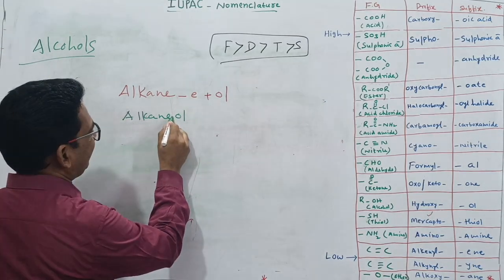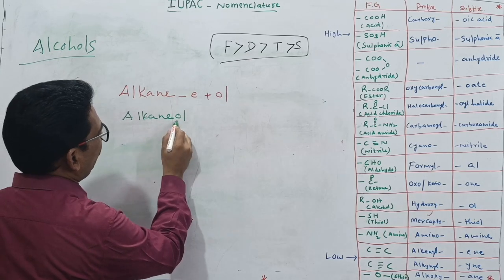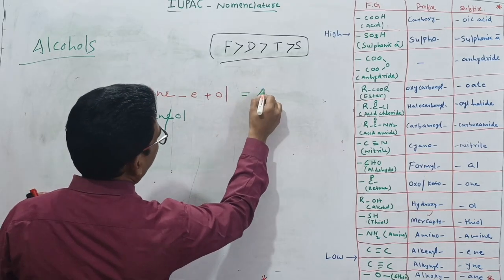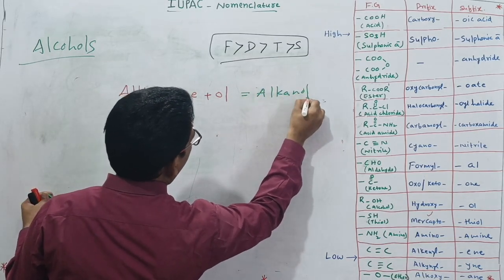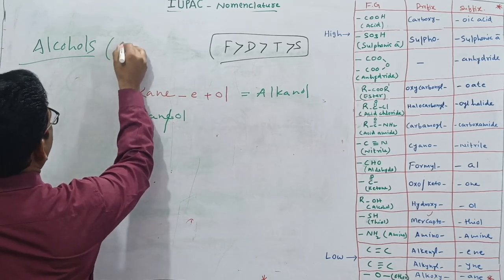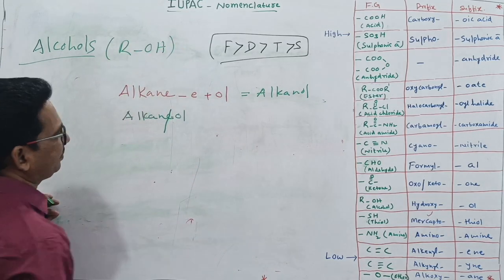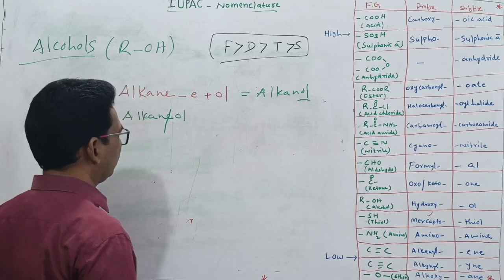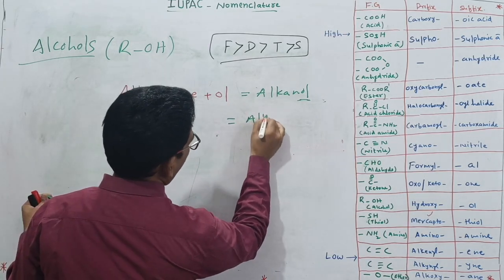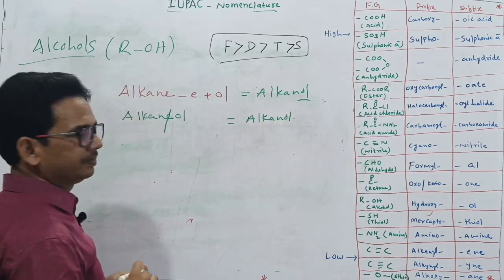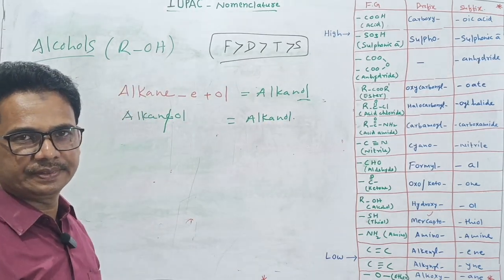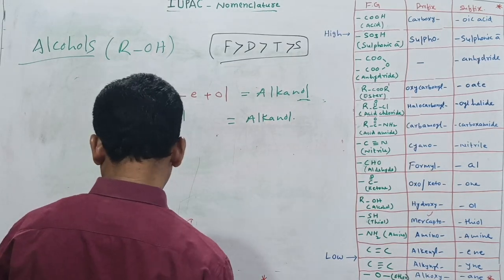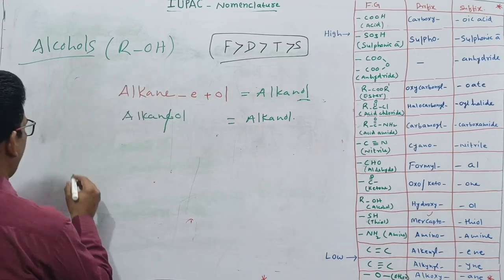Okay, when two vowels come together, in that case you have to cancel the E. Then what do we have to write according to this also? Alcohol. Alcohol means what is the functional group? R-OH. Okay, ol. What suffix does it come? Ol. Then this is also alcohol. I hope you have understood this. Okay, then how are we going to give the name for the alcohols? I will write one example.